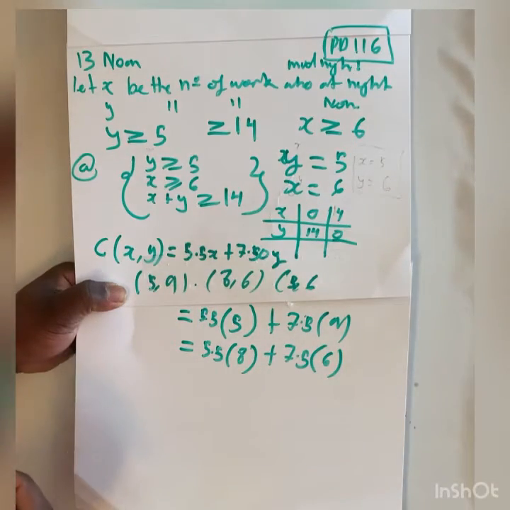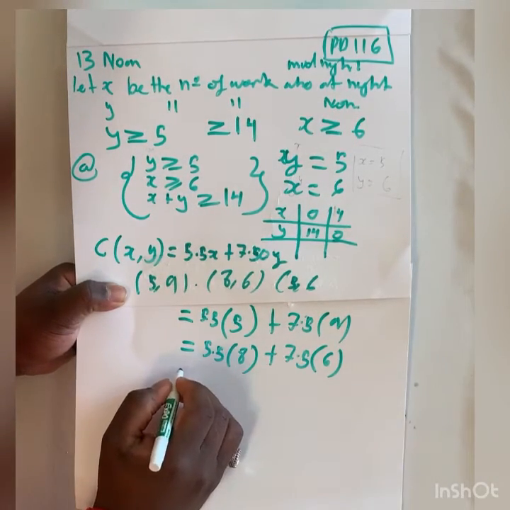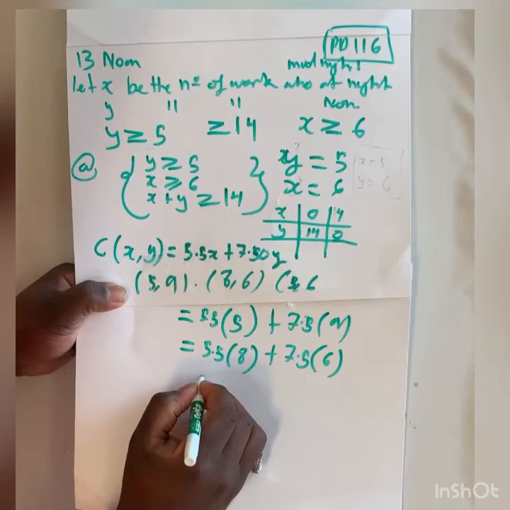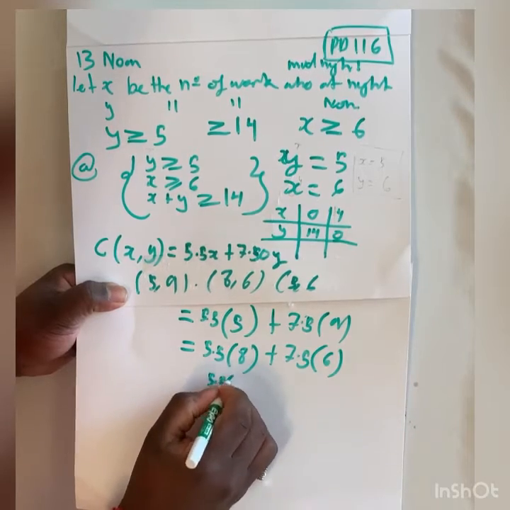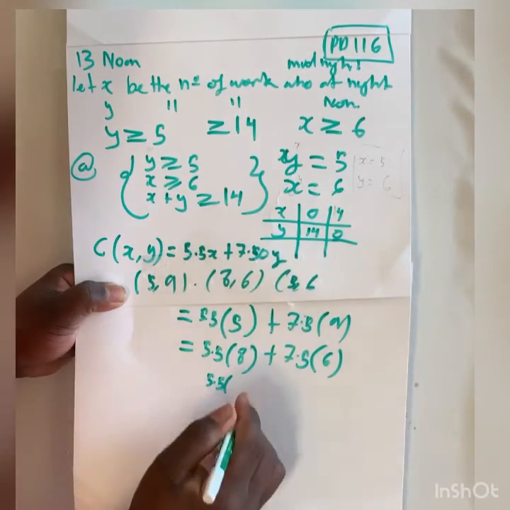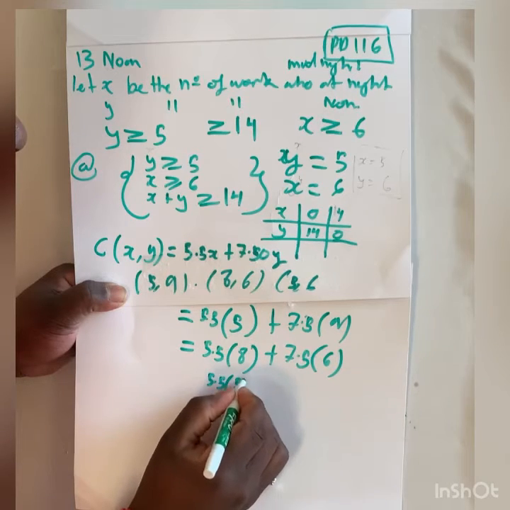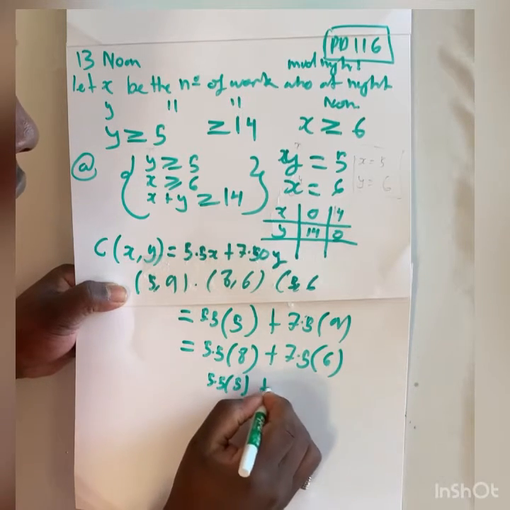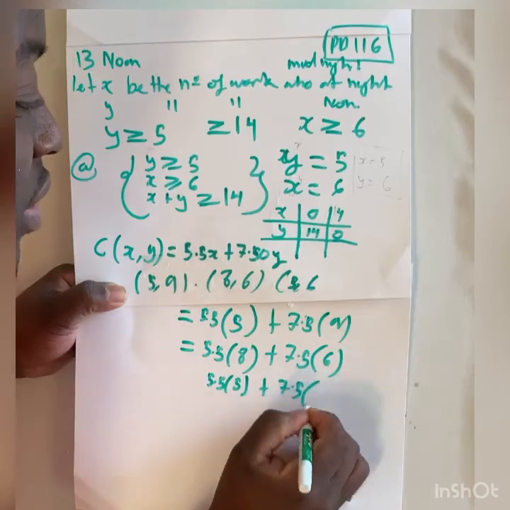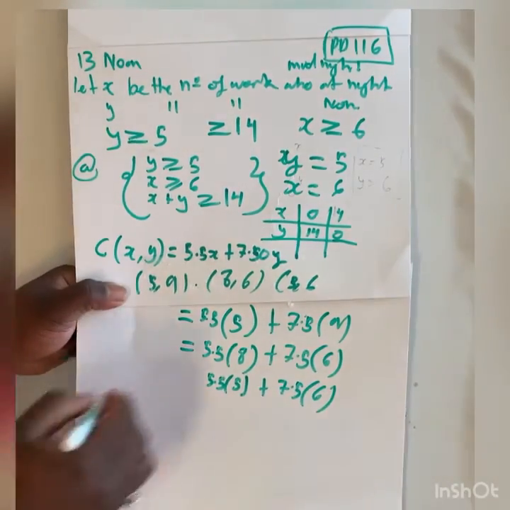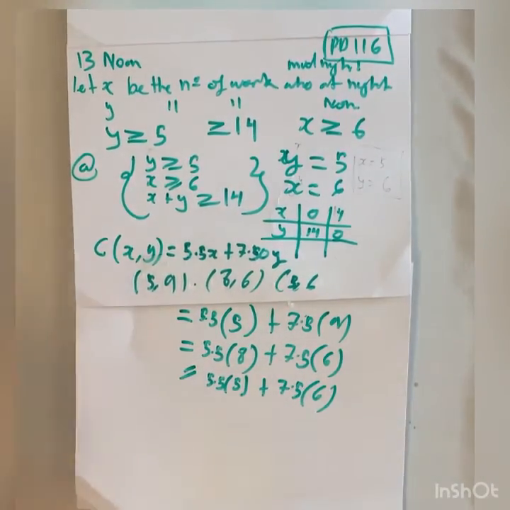Then the third one is 5.5 times 5 plus 7.5 times 6. So I calculate to get my answer.